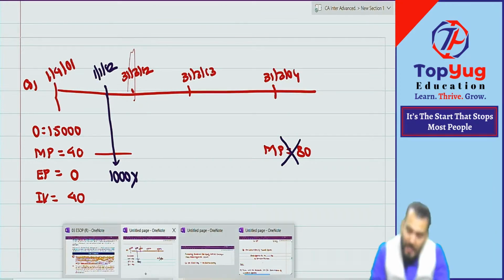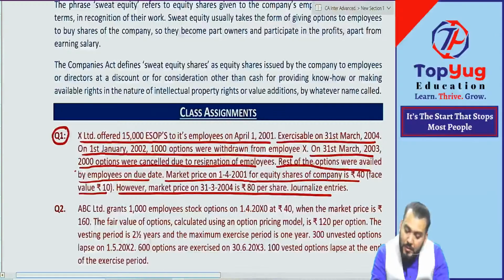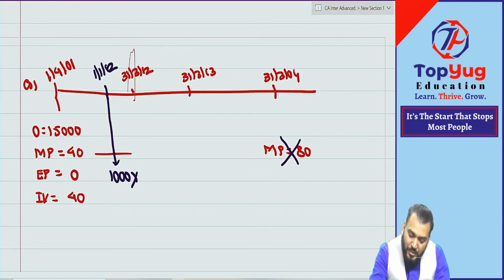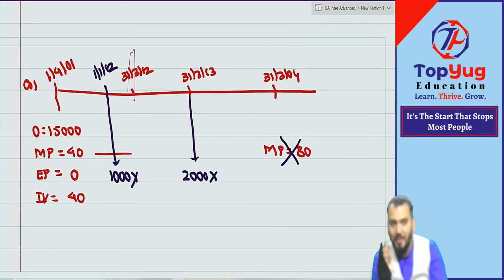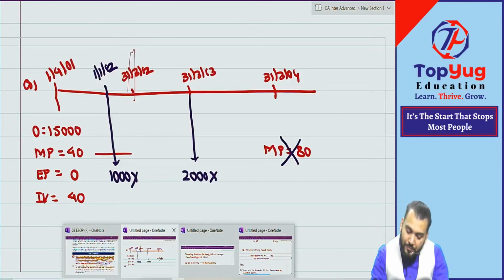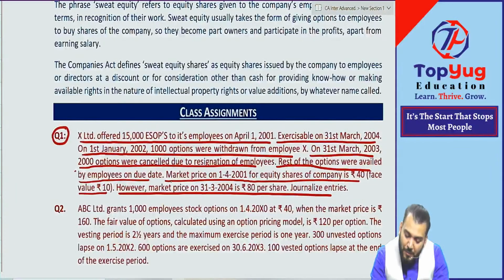Then they have given some more points. On 31st March 2003, 2000 options were cancelled. This is actual cancellation they have given. Correct.